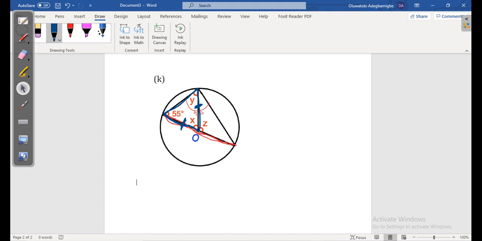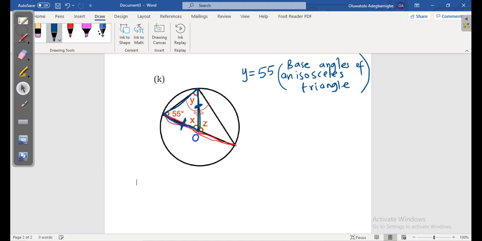And I can say y is equal to 55, which I could term as base angles of an isosceles triangle. So I know here to be 55.